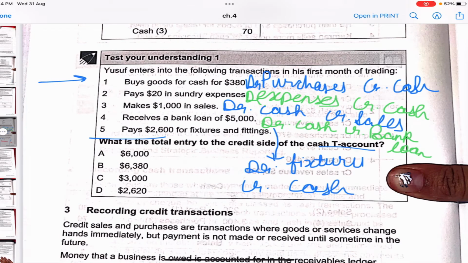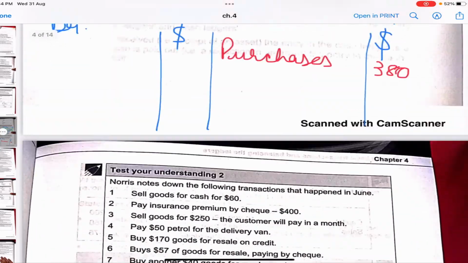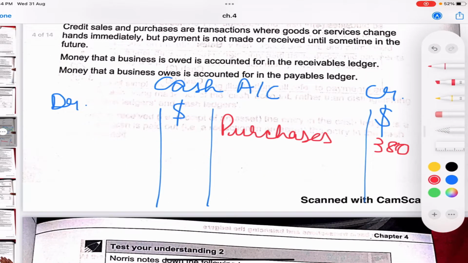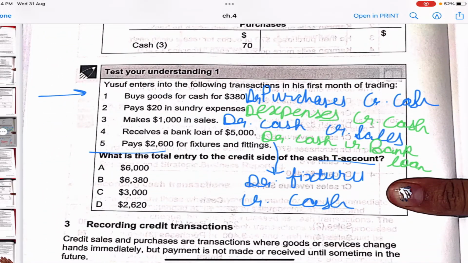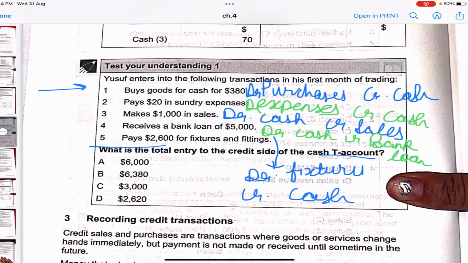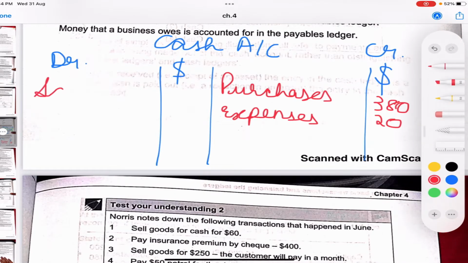Then in the second part, we have cash getting credited with expenses 20. Expenses are 20. Cash is getting debited with sales 1000.